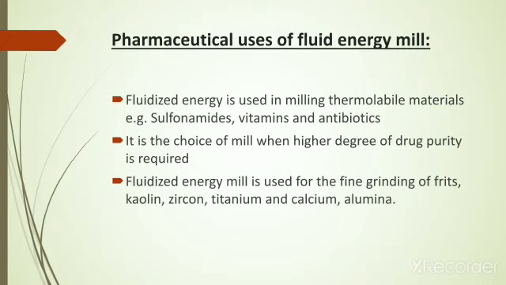For this size reduction, fluid energy mill is very useful. It is the choice of mill when a higher degree of drug purity is required. Fluid energy mill is used for the fine grinding of frits, kaolin, zircon, titanium, and calcium, alumina.